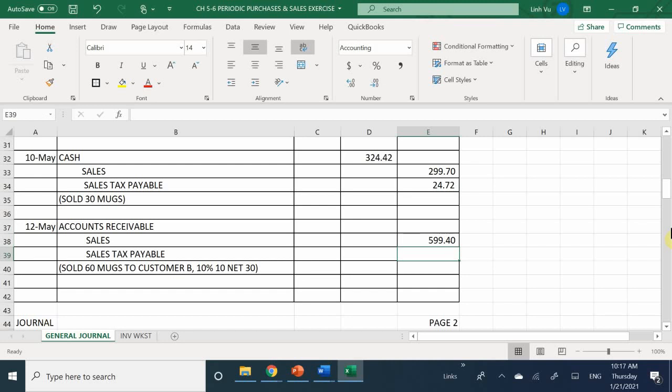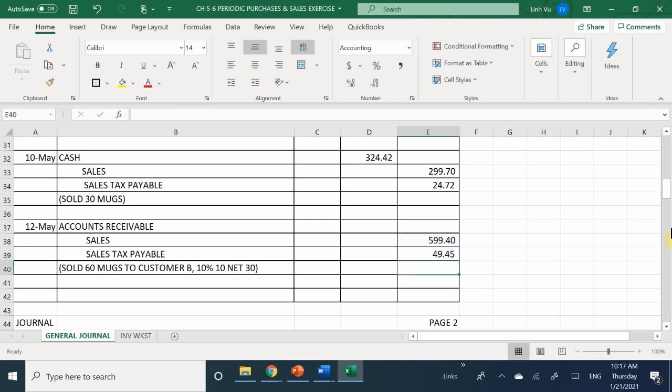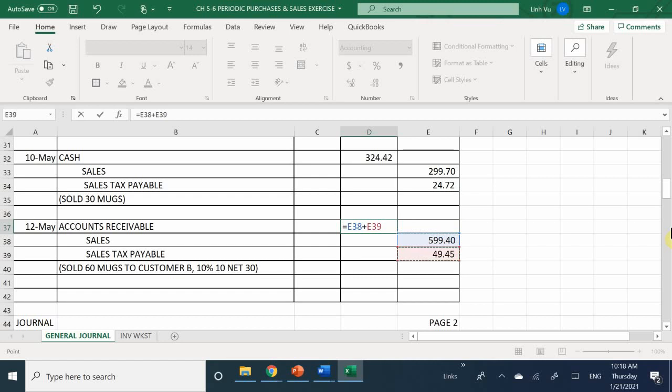How much sales tax is going to be on that? $49.45. Okay, and then what is the total amount that customer B owes us?